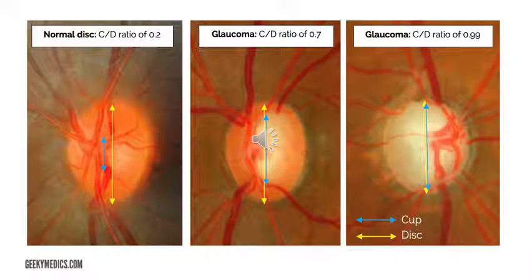This image illustrates how to measure the CD ratio. In the first image, this is a normal CD ratio, about 0.2. On the second image, we see a 0.7 CD ratio, and almost total cup, 0.9 CD ratio, in advanced glaucoma.